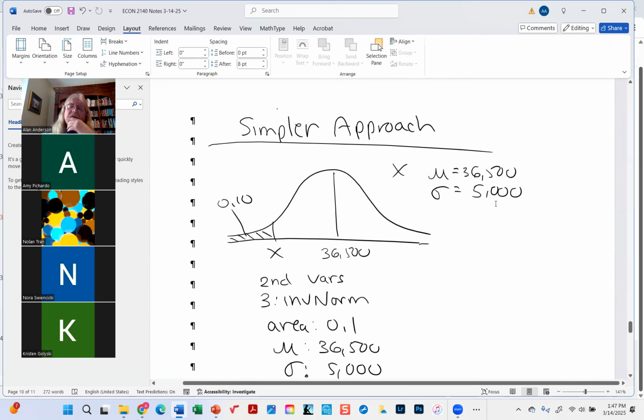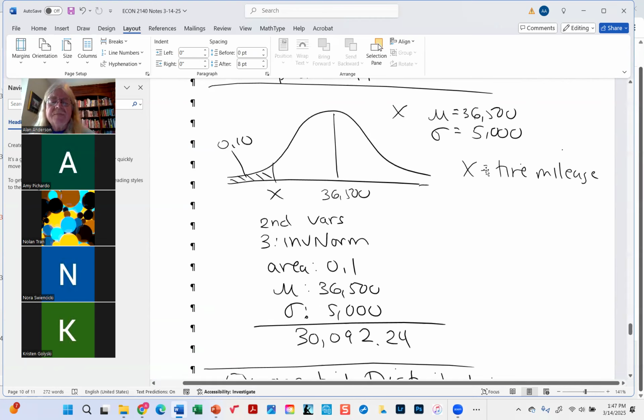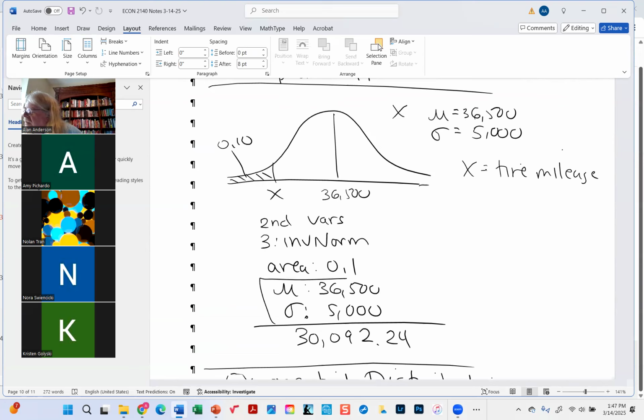So down here, remember our original X, which represents the mileage of the tires. The mean was 36,500 and the standard deviation was 5,000. So what I'm going to do is use the same inverse norm function, but this time I'm using not the standard normal distribution, but the actual mean and standard deviation for this data.